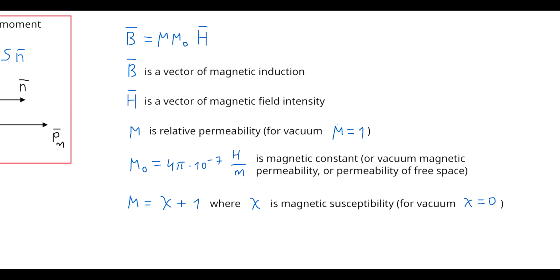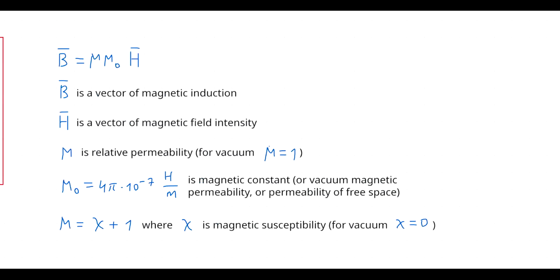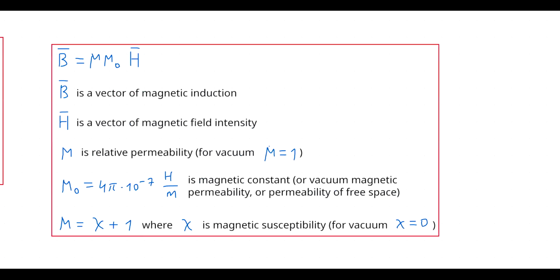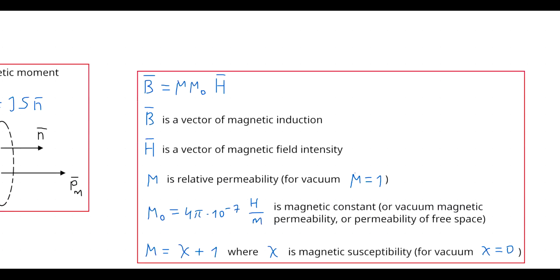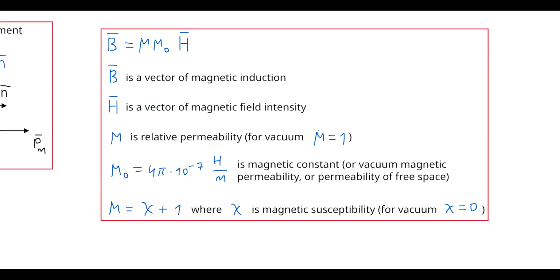So these values are enough to define a magnetic field. We can use magnetic induction, or we can use magnetic field intensity H, to define a magnetic field.